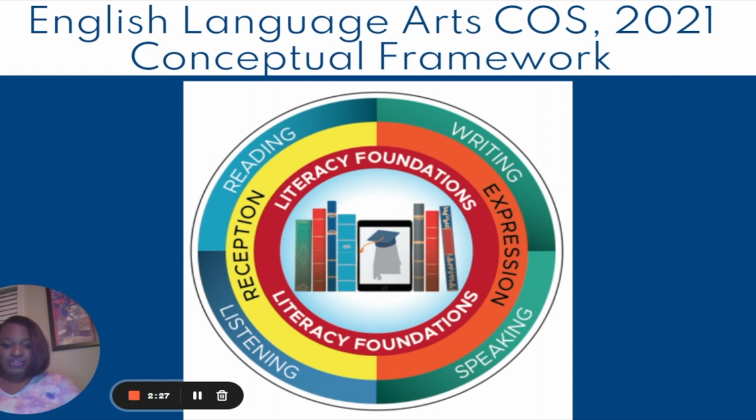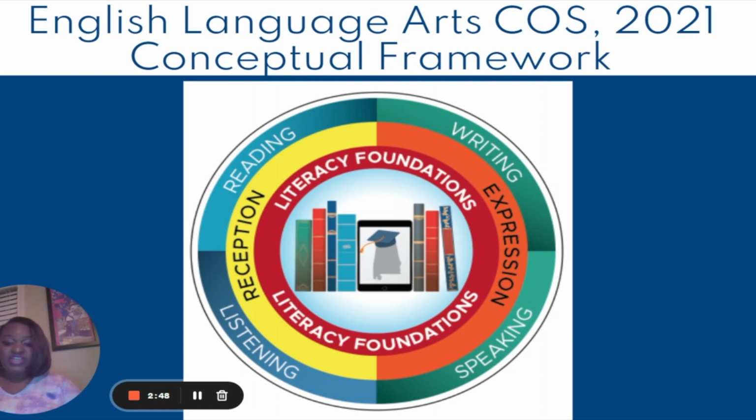I want to bring to your attention that the conceptual framework is divided into 4 quadrants. We have reading, writing, listening, and speaking. Those are the outside perimeter areas of the conceptual framework.